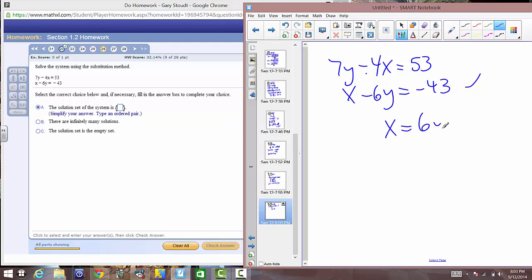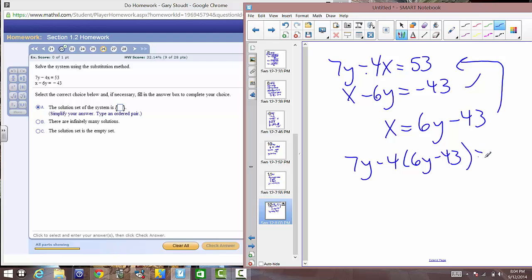x is 6y minus 43. So if we substitute that into the first equation, we have 7y minus 4 times (6y minus 43) is equal to 53. So we'll simplify a little bit here. Minus 24y plus 172.